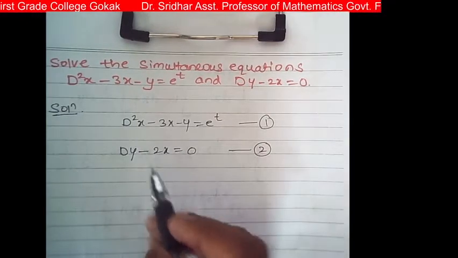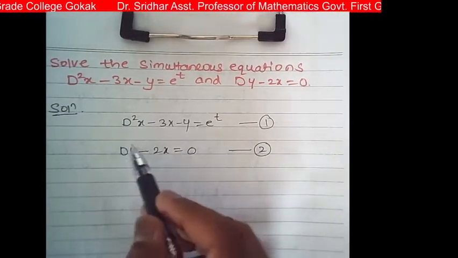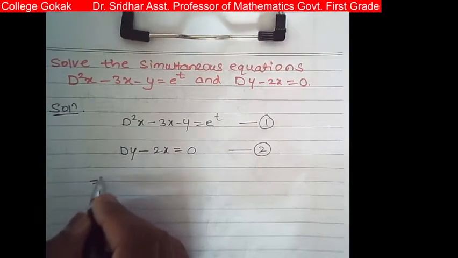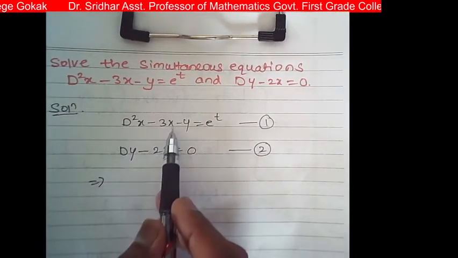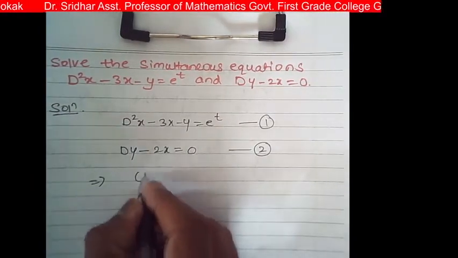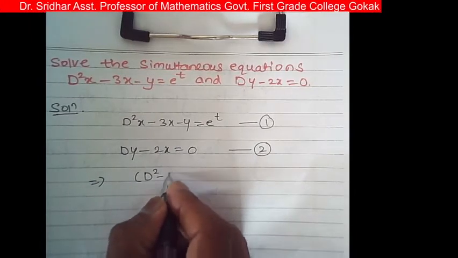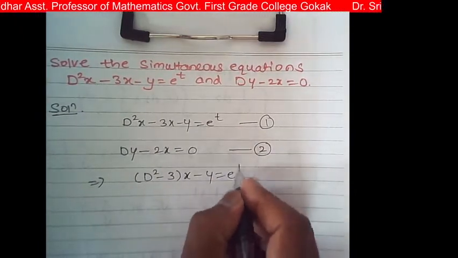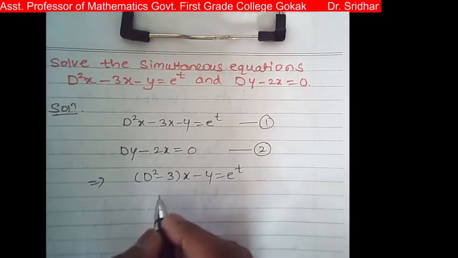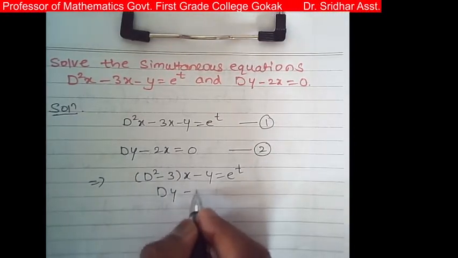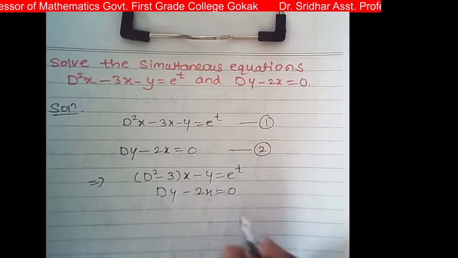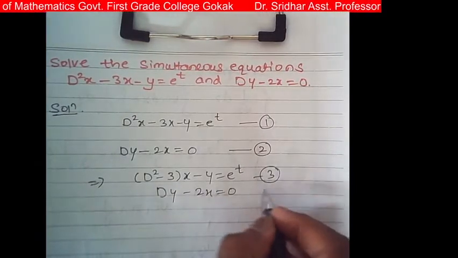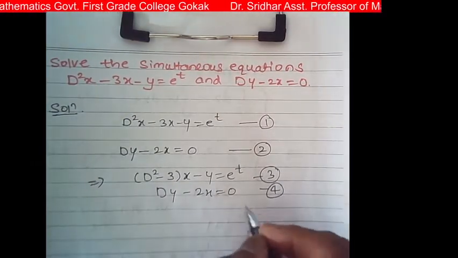But before that, we can simplify these equations further. Here we can take x common: D squared minus 3 into x minus y equal to e raised to t, and the second one, Dy minus 2x equal to 0. So this is equation 3 and this is equation 4.